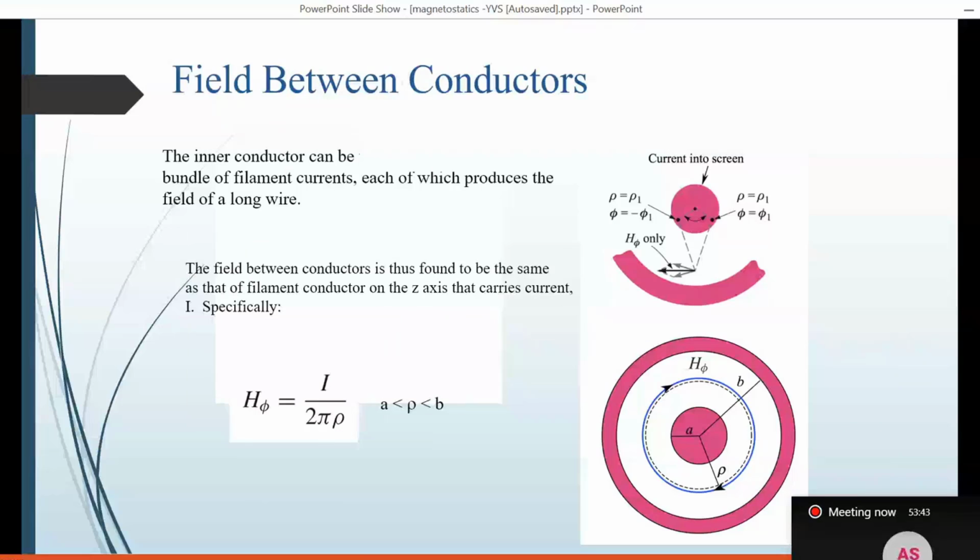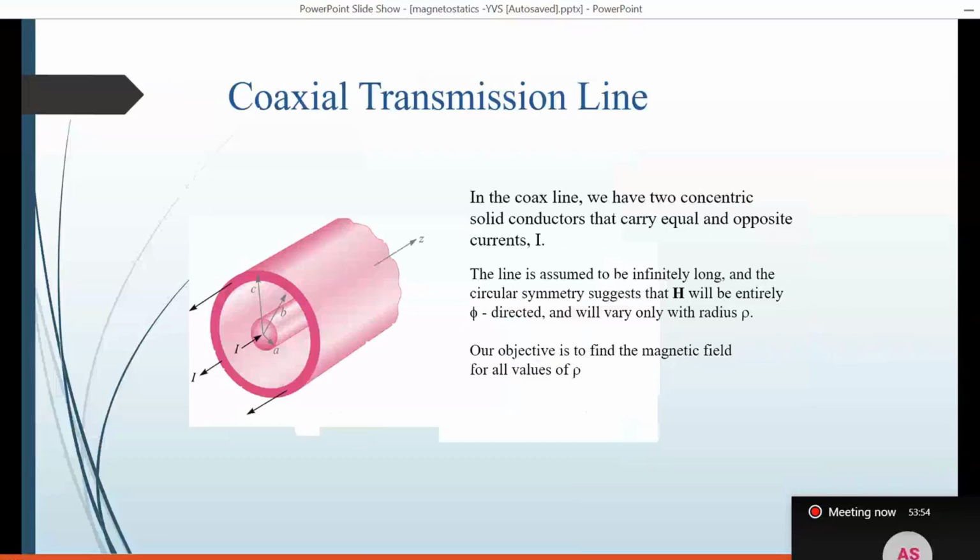The same things are applied to find different magnetic field intensities because of coaxial cables. This is one more important place where we can apply Ampere's law and magnetic field theory to find the intensities inside the coaxial cables. Because in coaxial cables there are two conductors. See here how the coaxial cable looks.